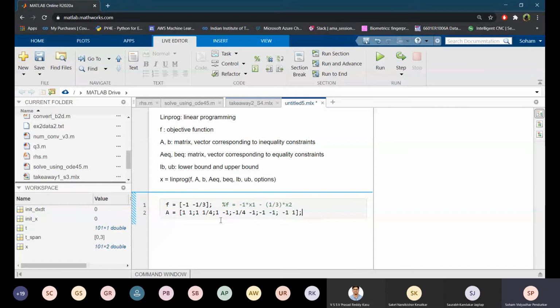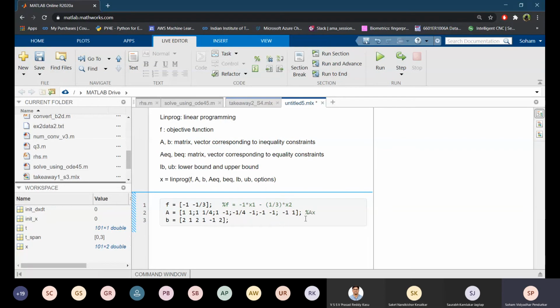So A is this, B is this. I'll tell you in a minute what I mean. 2 2 1 2 1 2 1 2 1 -1 2. So what A means is that these are constraints: X1 plus X2 is less than or equal to 2, X1 plus 1 by 4 X2 is less than or equal to 1, X1 minus X2 is less than or equal to 2.